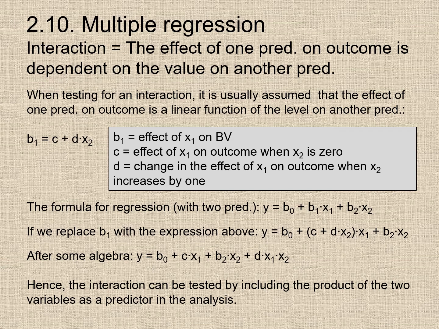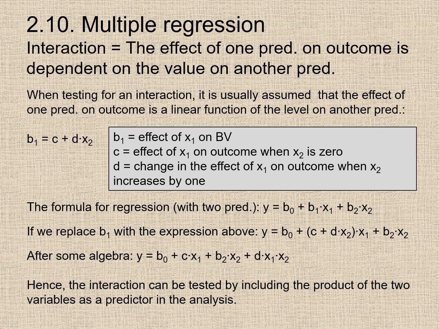Interactions might look in many complicated ways. You can have curvilinear interactions, but usually we imagine that if there is an interaction, it's a linear interaction. So in this case, we imagine that the effect of therapy on life satisfaction is a linear function of medication.